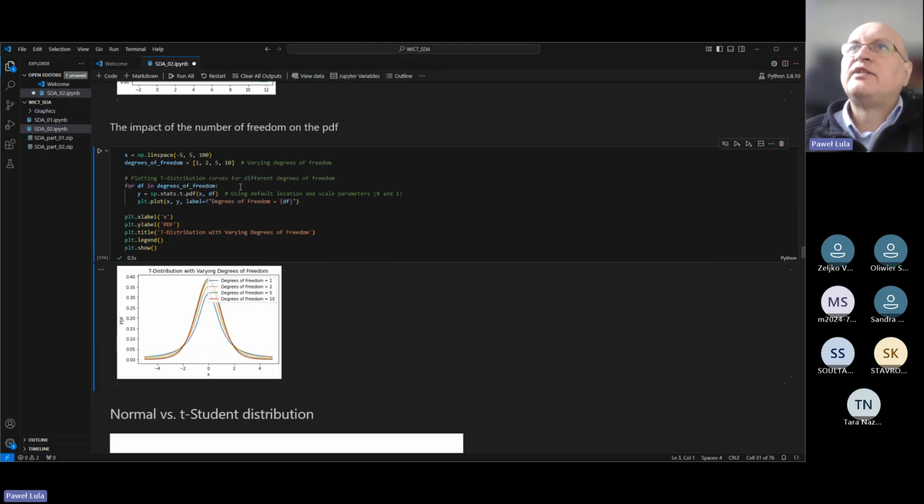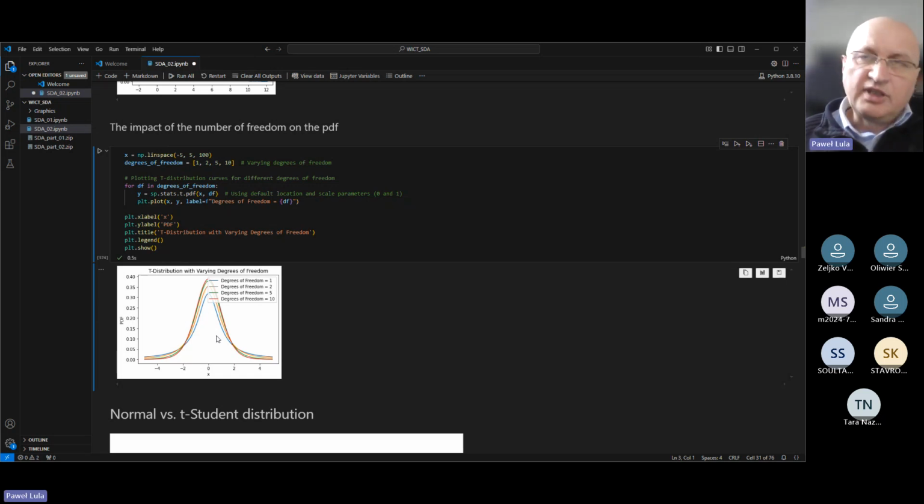On this plot, I have 4 different curves for degrees of freedom equal to 1, 2, 5, and 10, and we see differences in the shape of this curve.